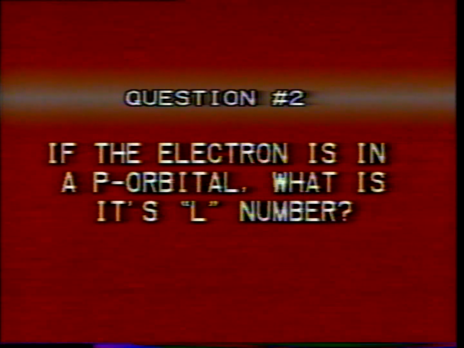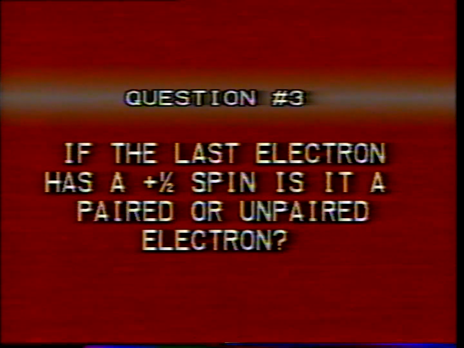If the electron is in a p orbital, what is its L number? Question number 3. If the last electron has a plus 1/2 spin, is it a paired or unpaired electron?